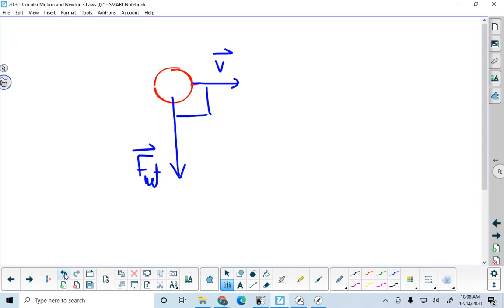Because if the net force were even a little bit in that direction, then part of it would be in the same direction as the velocity and the object would speed up. Why can the net force not even be angled back a little bit? Because if it is, then part of that net force would be slowing the object down. And that means that the direction of the net force is perpendicular to the direction of the motion.